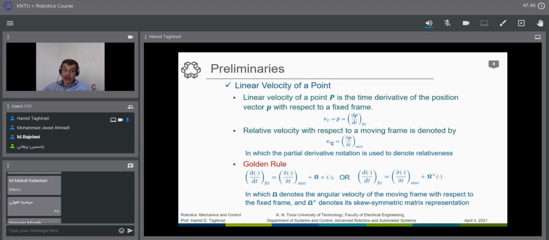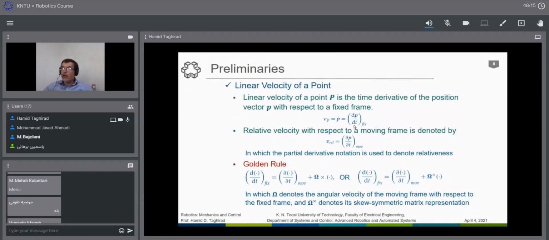But it is not the real true velocity. And to make the difference in the notation, I use the partial derivative notation instead of the real derivative notation, to make sure that we have the absolute velocity in terms of the derivative with respect to a fixed frame.